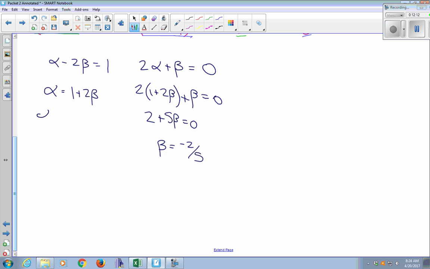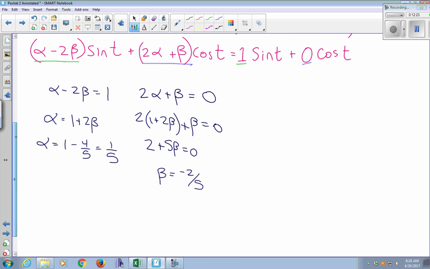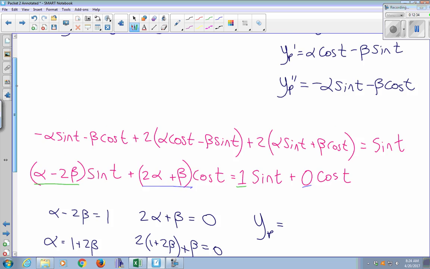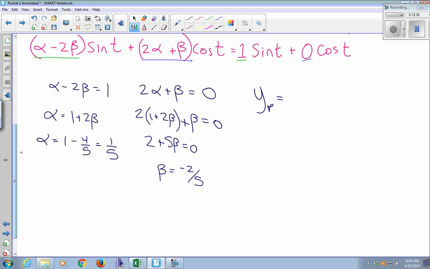And then come back over here and get alpha. That's 1 minus 4/5, which would be 1/5. All right, it's kind of a lot of work, but we now have our y particular. Y particular is alpha sine, so 1/5 sine t minus 2/5 cosine t.